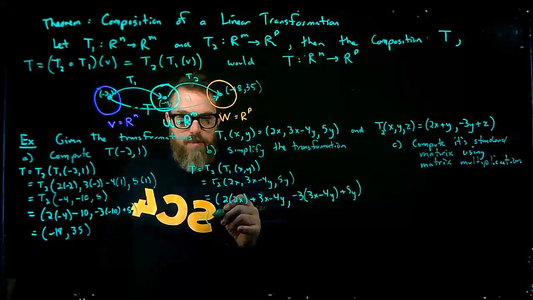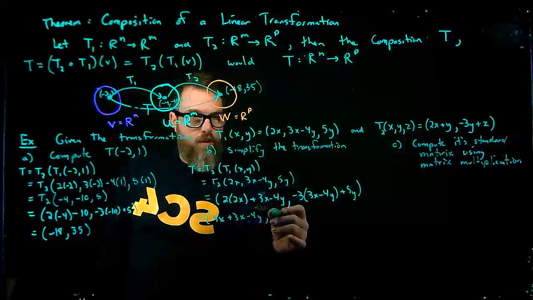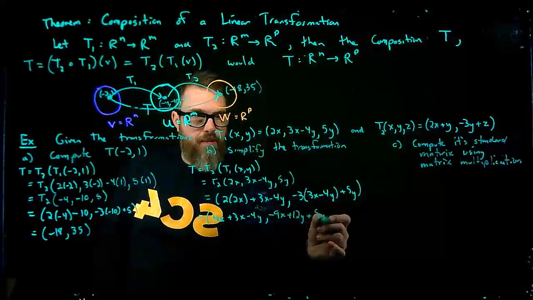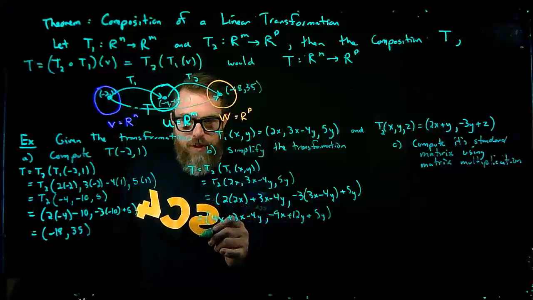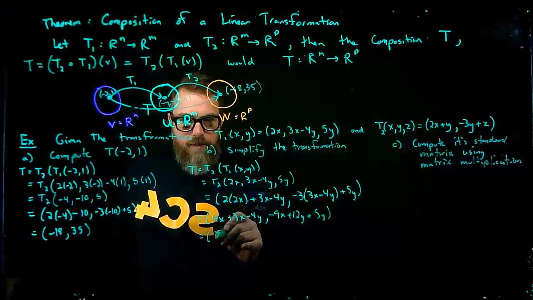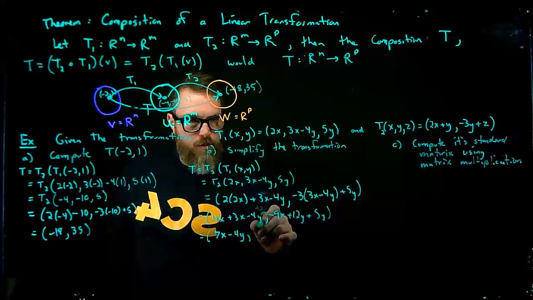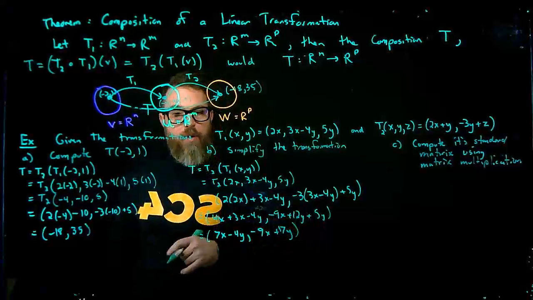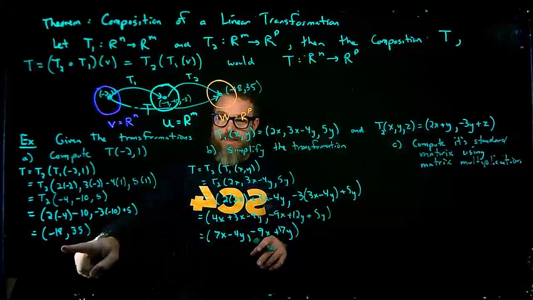This is going to be 4x plus 3x minus 4y. Over here I have -9x plus 12y plus 5y. And finishing this up, we have 7x minus 4y, and then -9x plus 17y.